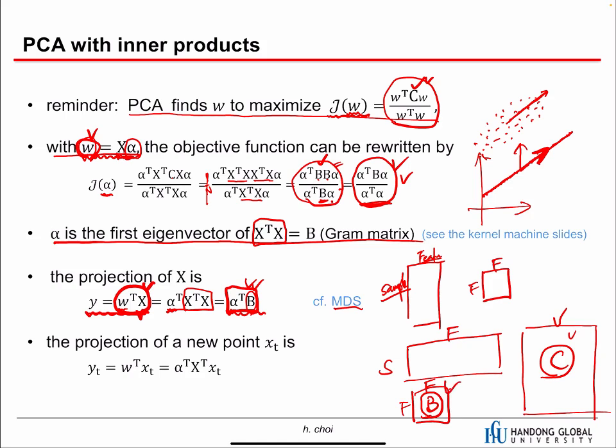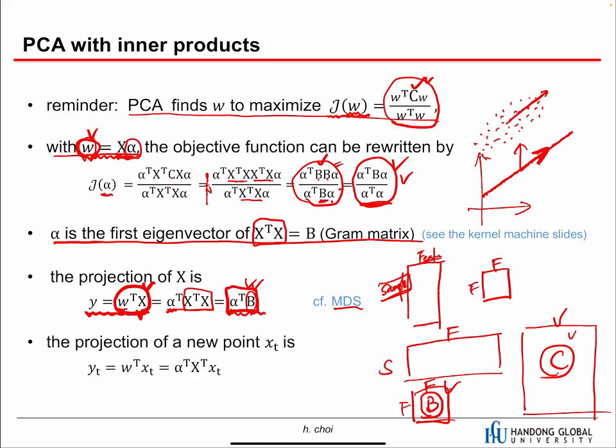So it's kind of a detour. We can get the PCA solution based on the inner product. But usually the number of samples is way larger than features, so usually the covariance matrix is better than the inner product matrix, but sometimes it happens.